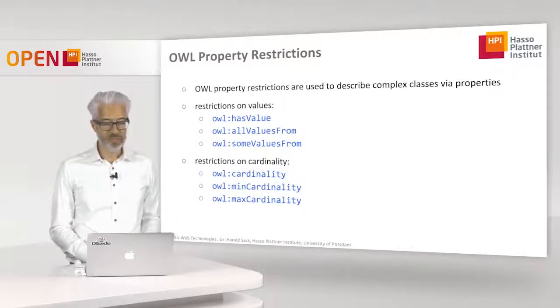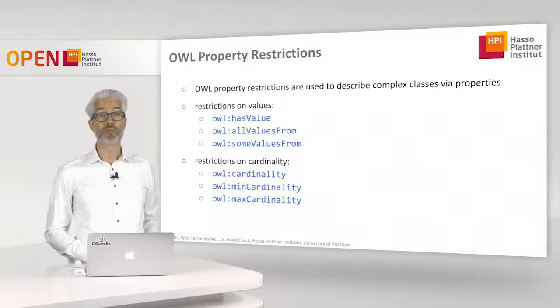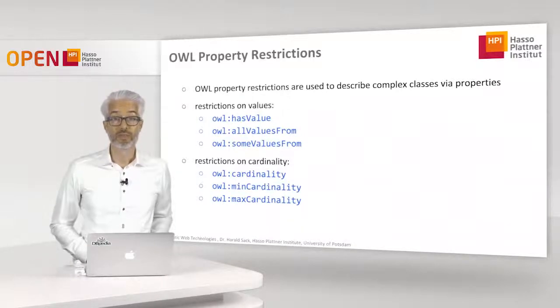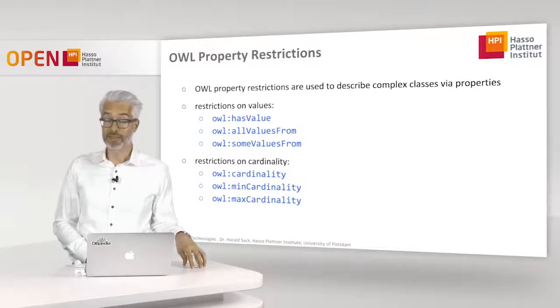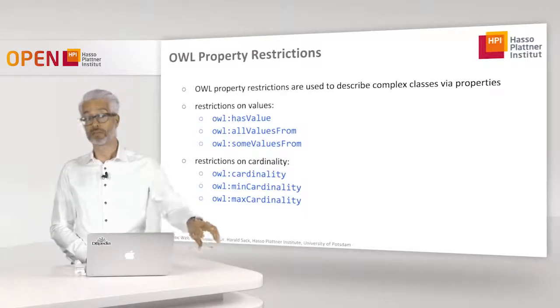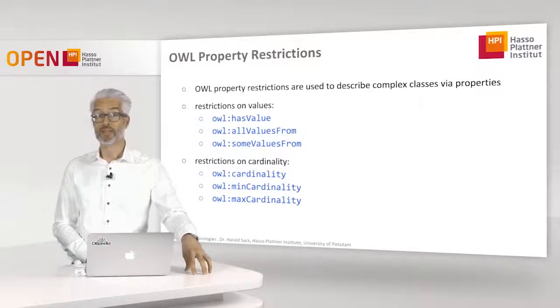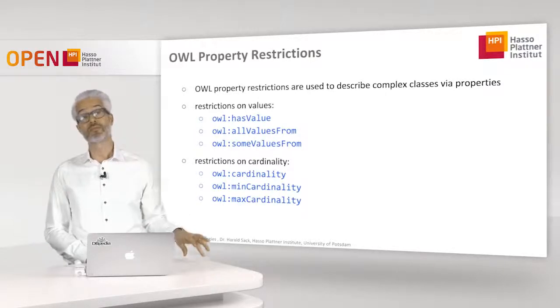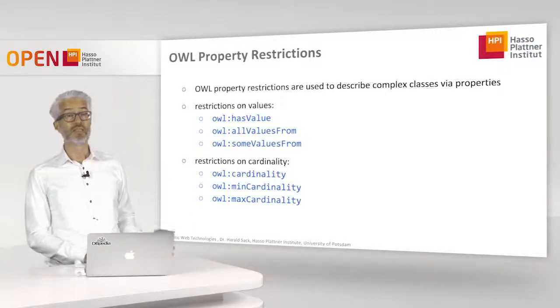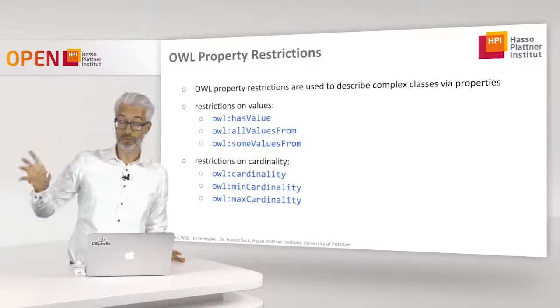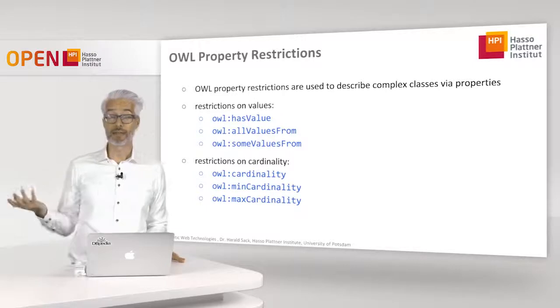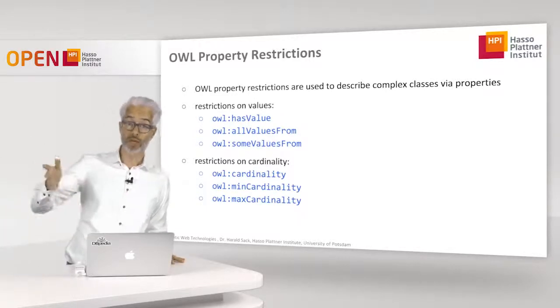Okay, furthermore, let's have a look at so-called OWL property restrictions. Property restrictions are used to describe complex classes via the restriction of properties. And what I can do here is, for example, on properties, restrict the range of a property and fix it to a class, and I can do this in a loose way or in a strict way.